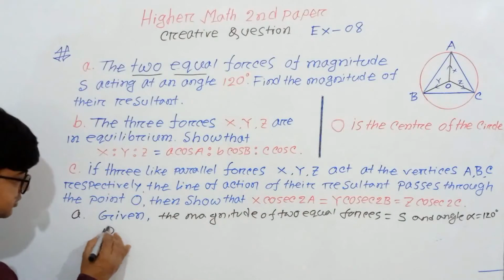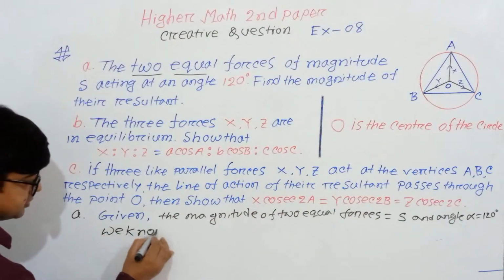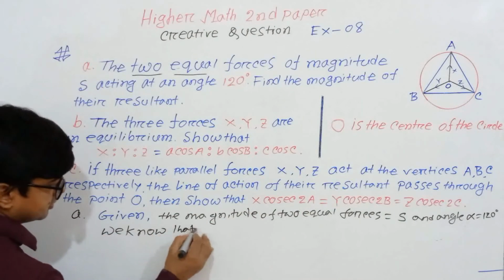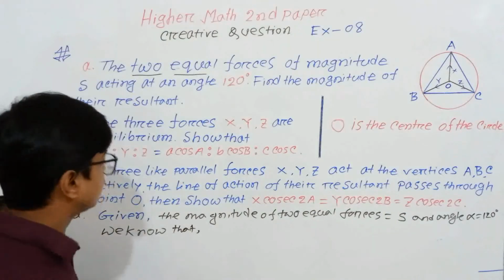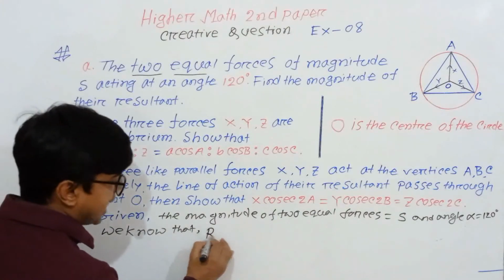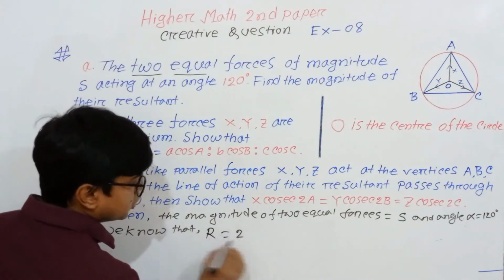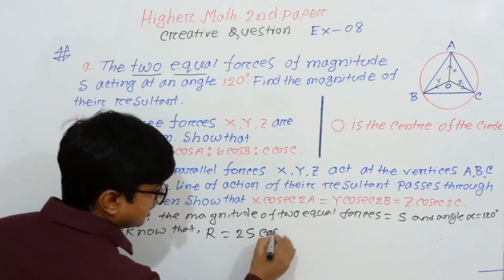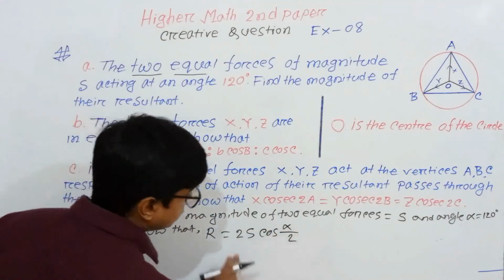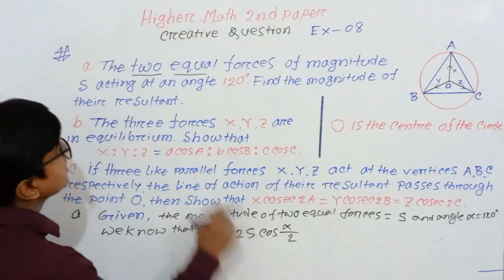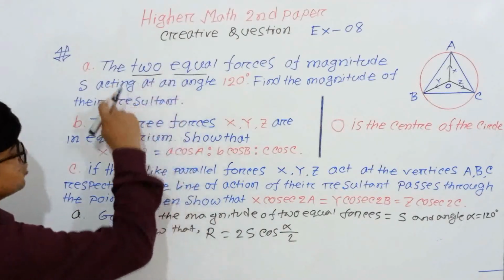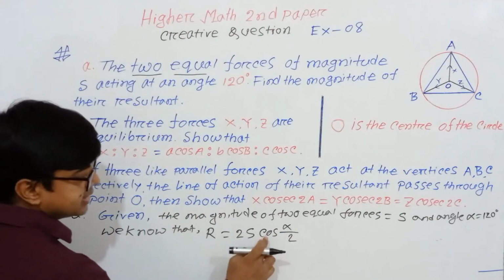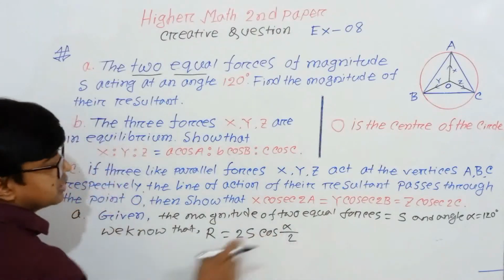So we know that the formula of resultant R equals 2S cos alpha by 2. Here S means the two equal forces. That's why 2S and cos alpha by 2.